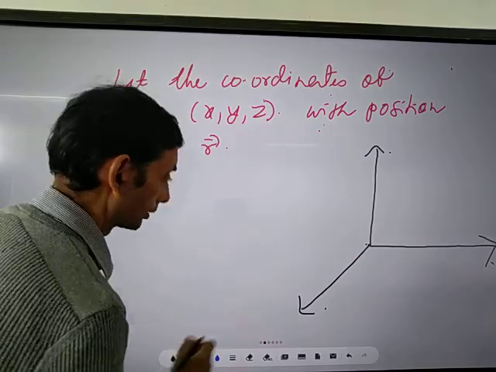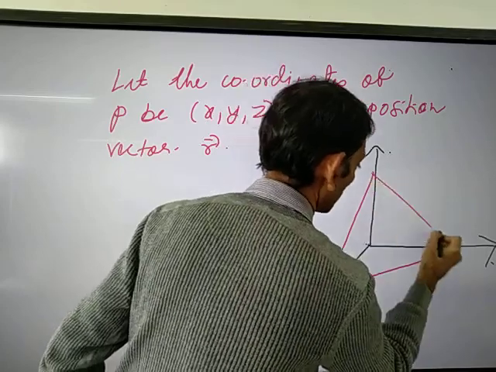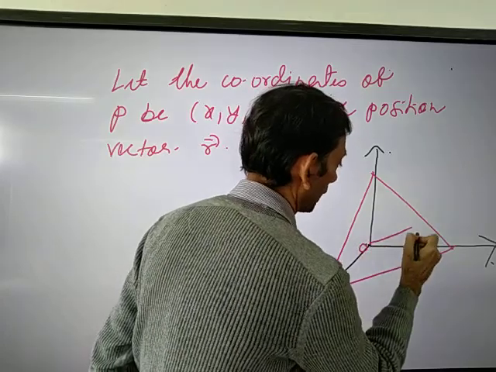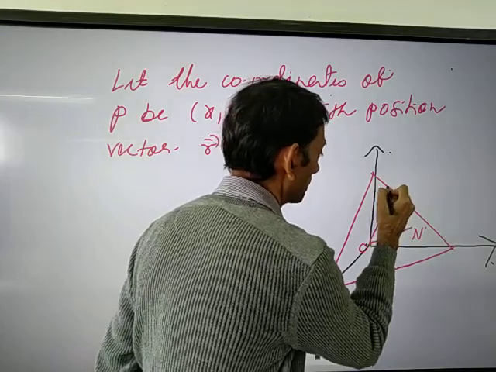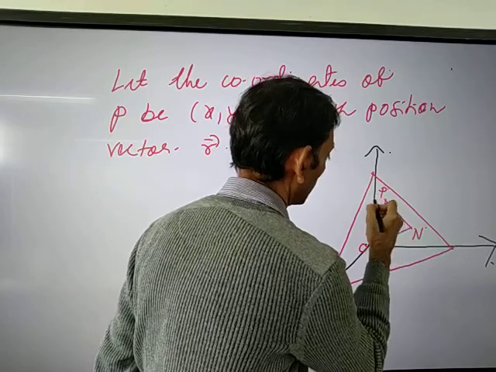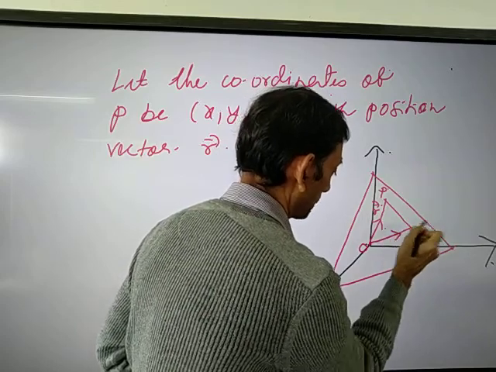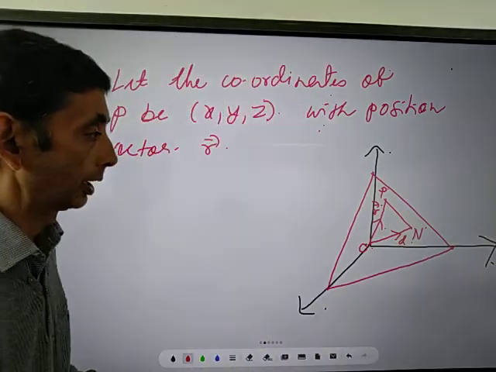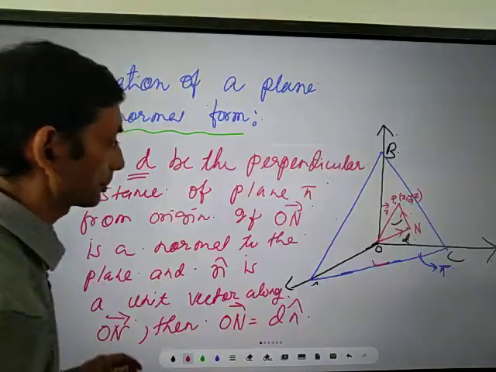Okay, so just draw the plane. This is the plane ABC, and say this is ON, normal to this plane, and let us consider a point P which is an arbitrary point, and we will join this. Okay, and this is R, and the perpendicular distance from O to the plane is D, so this is the perpendicular distance, right? And now we can just move to the previous page.